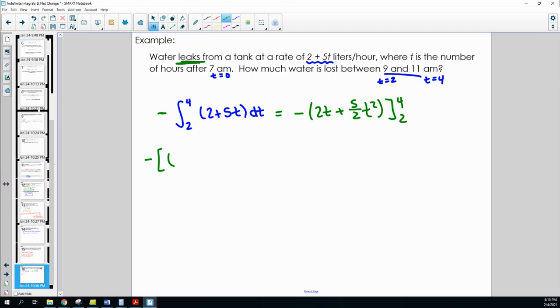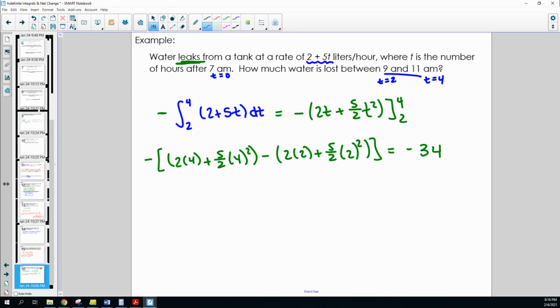So again, I'm just going to plug in the 4 first. So 2 times 4 plus 5 halves 4 squared minus 2 times 2 plus 5 halves times 2 squared. I think I have too many parentheses. Anyway, when we do this, we end up with negative 34.